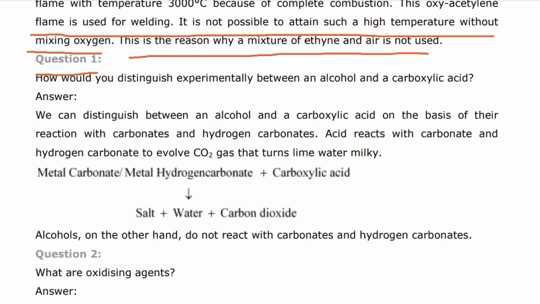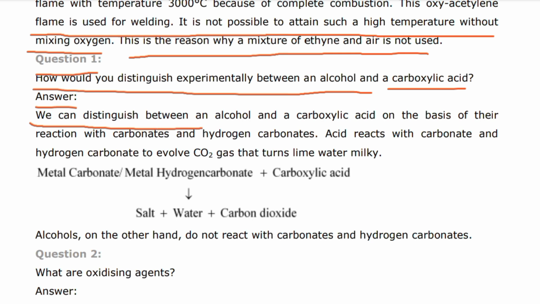Question 1. How would you distinguish experimentally between an alcohol and a carboxylic acid? Answer. We can distinguish between an alcohol and a carboxylic acid on the basis of their reaction with carbonates and hydrogen carbonates.